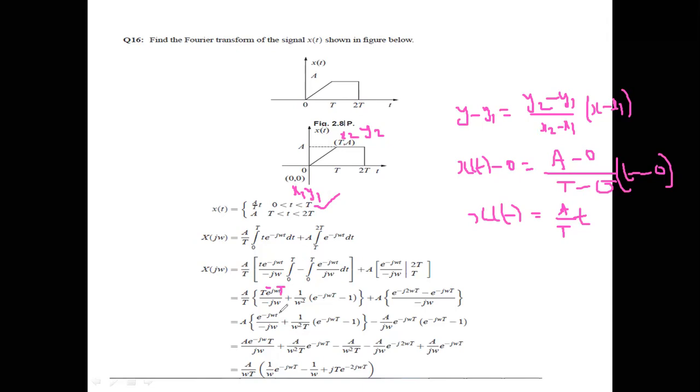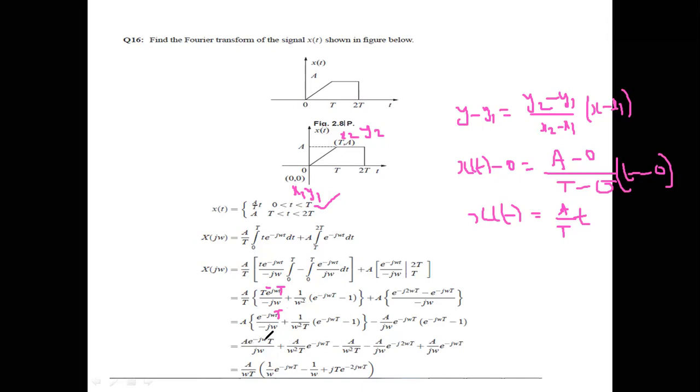Here also it is capital T only, since the upper limit is T. So for this t, you can substitute capital T, e power minus j omega capital T. For the lower limit, t is 0, there is no second term here, only the first term. T into e power minus j omega capital T by minus j omega, and here also e power minus j omega t minus j omega. Why? This T and this T get cancelled.